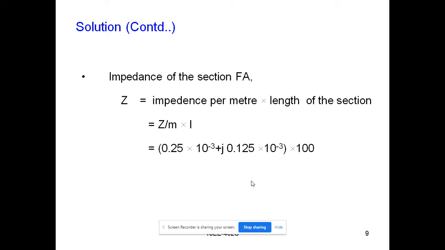The resistance per meter is 0.25 into 10 to the power of minus 3, and the reactance is 0.125 into 10 to the power of minus 3, into 100, because the length of section FA is 100 meters. On solving, we get 25 plus j12.5 into 10 to the power of minus 3 ohms. This is the impedance for section FA.